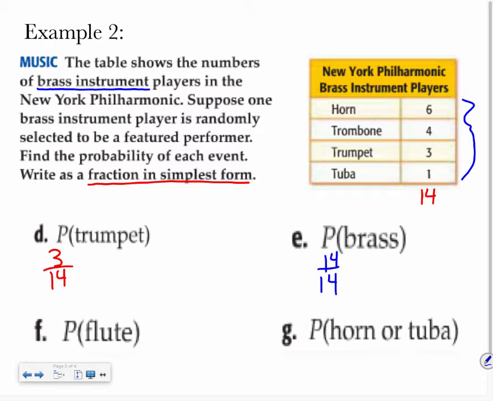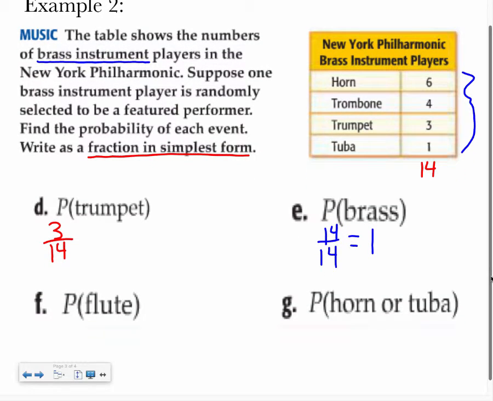We have 14 of them. There's a total of 14. So 14 over 14 as a reduced fraction is just the number 1. What about the probability of a flute player? Okay, so how many flute players do we have? We have 0 out of 14 total players. That means the probability of there being a flute player selected is 0.